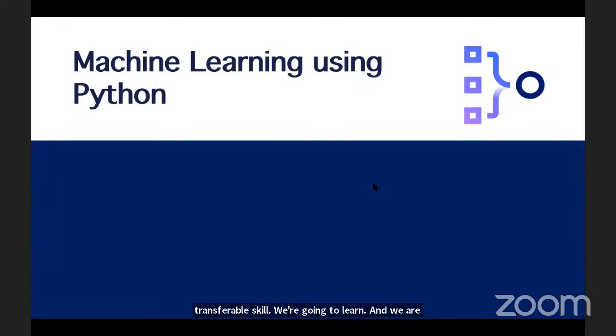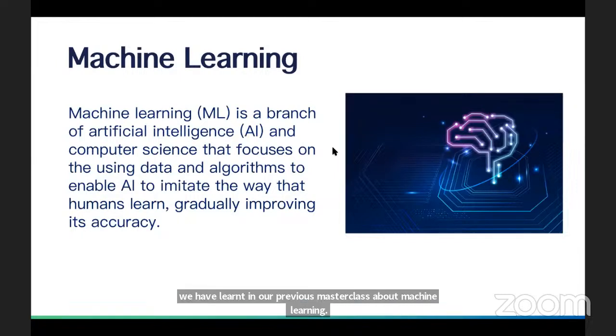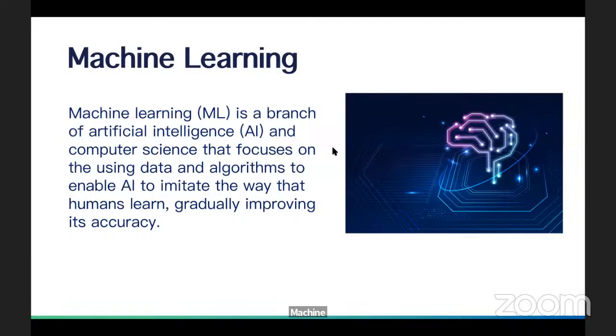So we have learned in our previous masterclass about machine learning. Machine learning is a branch of artificial intelligence and computer science that focuses on using data and algorithms to enable AI to imitate the way humans learn, gradually improving its accuracy. I talked about this in my first masterclass, where we covered the differences between artificial intelligence, machine learning, and deep learning.